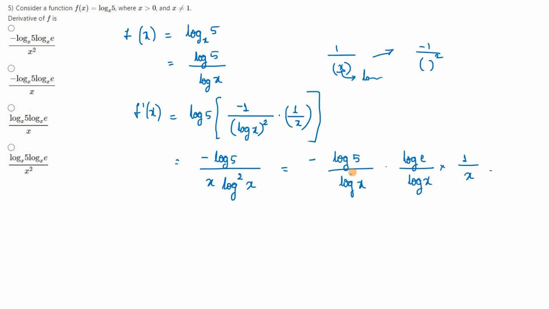So here what will this be turning out to be? That is minus log base x 5 into log base x e whole divided by x. Second option is the answer. Moving on.